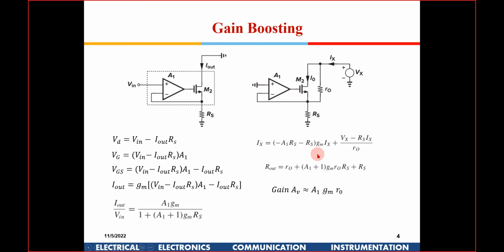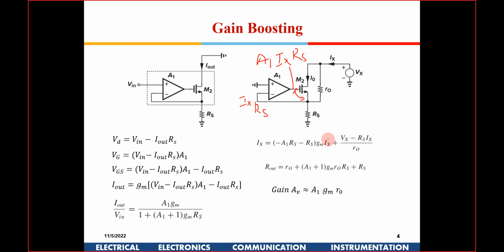So VGS will be, the gate voltage will be A1 into Ix into Rs. This voltage will be Ix into Rs, so the VGS will be minus of that, A1 Rs Ix and Rs Ix.